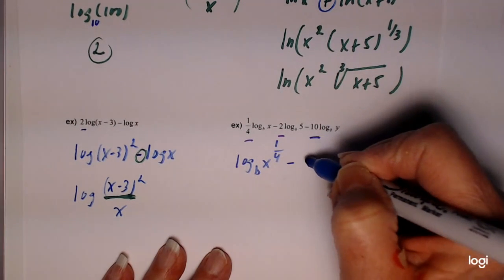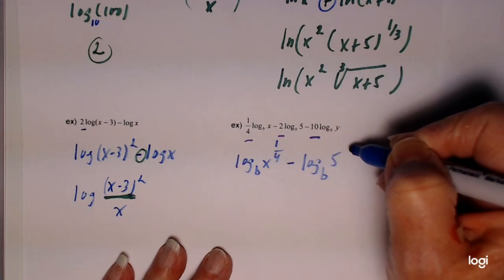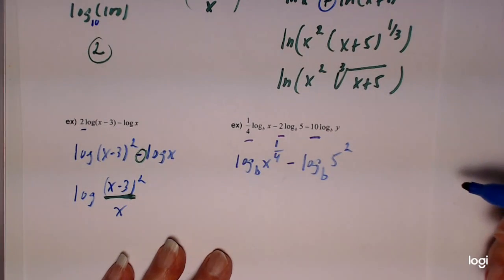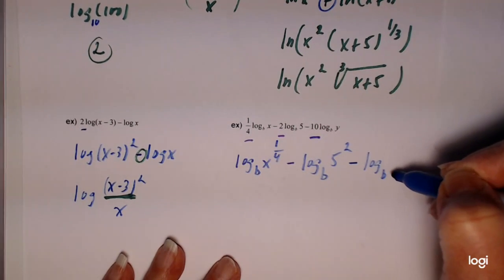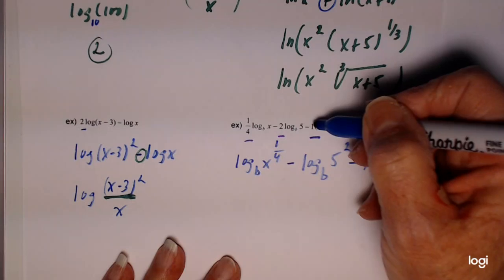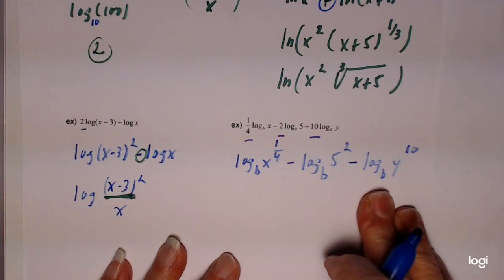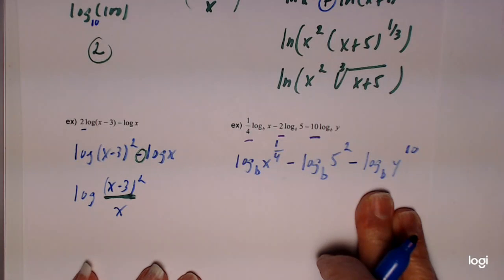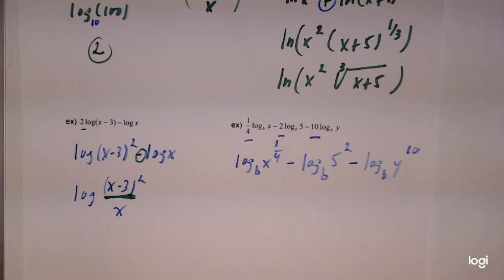Continuing on, we have minus log base b of 5, and that 2 now becomes the exponent. And then minus log base b of y, and that 10 becomes the exponent. So we've put all the exponents back where they belong and cleared all the coefficients in front.